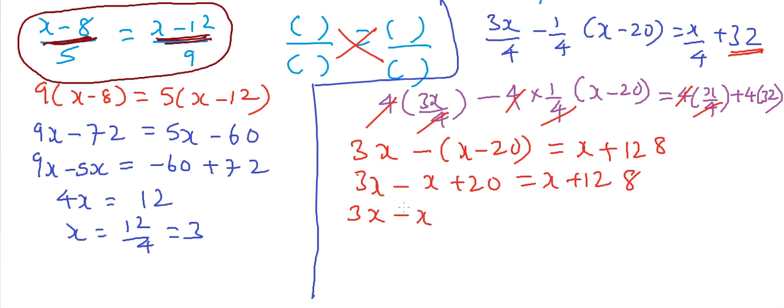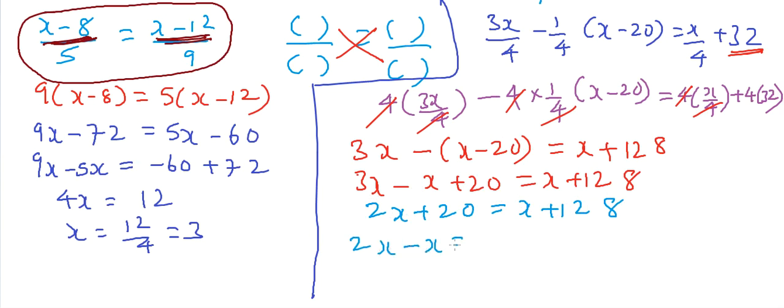Let's simplify the expression on either side of the equation first. So 3x minus x, 2x plus 20 equal to x plus 128. So 2x minus x equal to 128 minus 20. So x is equal to 108.